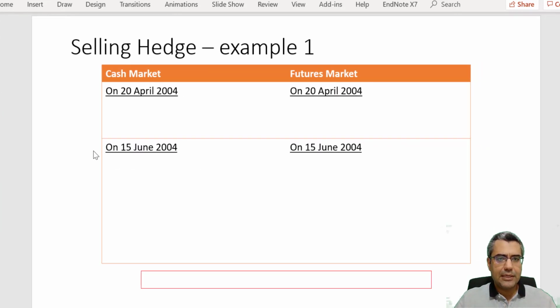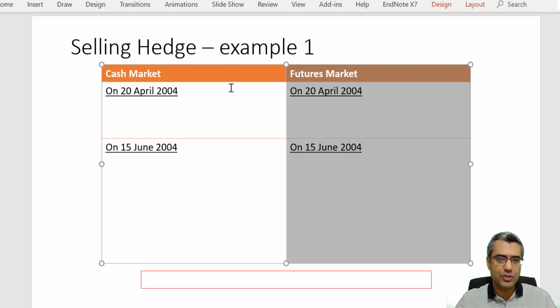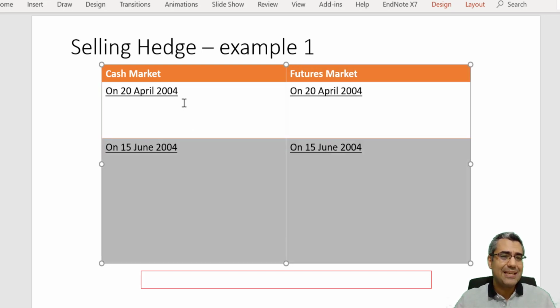Now let's construct the table that we always use. The table consists of 2 columns and 2 rows. The first column is cash market, the underlying asset market. The second column is futures contracts market. The first row is today, the second row is later, 15th June.